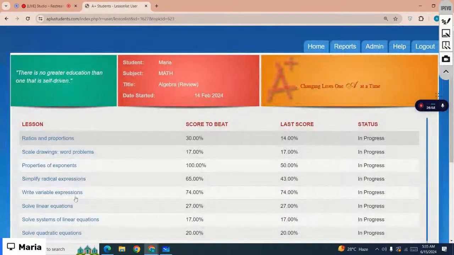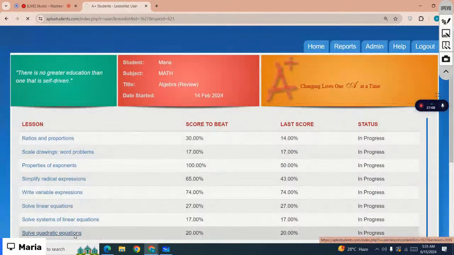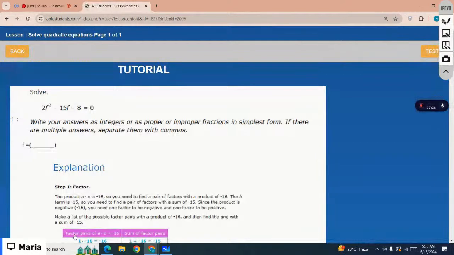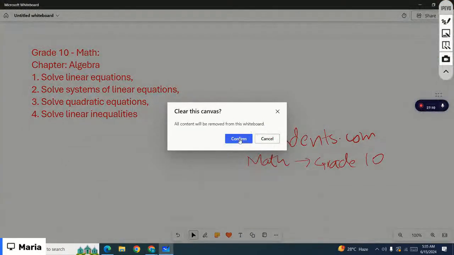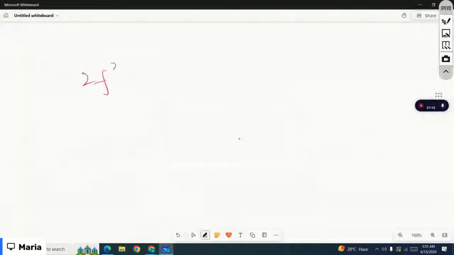The next lesson is solve quadratic equations. Okay, 2f square minus 15f minus 8 equals 0.